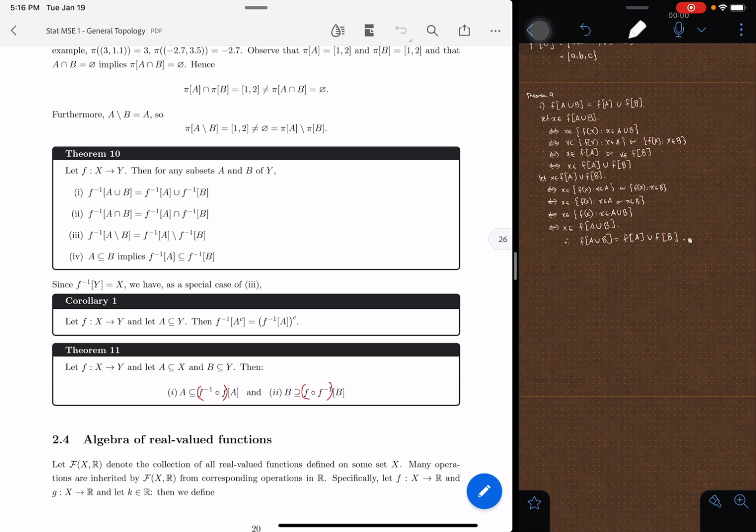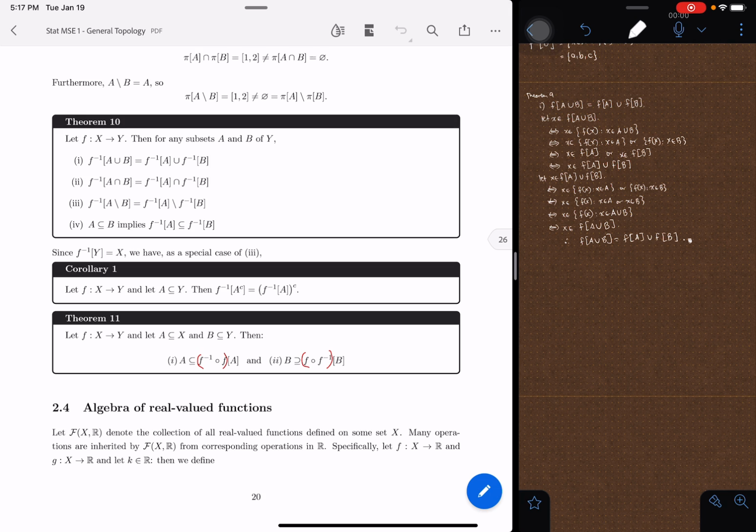So for example, the inverse image of A union B is just equal to the inverse image of A union the inverse image of B. The inverse image of A intersection B is also equal to the inverse image of A intersection the inverse image of B. The inverse image of A minus B is equal to the inverse image of A minus the inverse image of B. And lastly, if A is a subset of B, then the inverse image of A is also a subset of the inverse image of B.